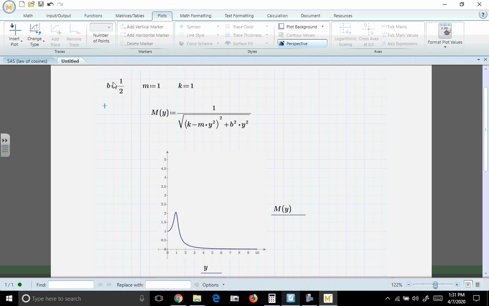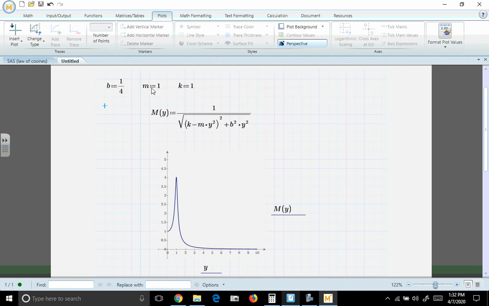If we let b change to, let's say, 1/4, then our peak is higher. Remember, m is our gain. So that means there is a gamma here that's going to give us an amplification of 4 times. So whatever our external force was to begin with, our gain factor is going to be 4 times that.